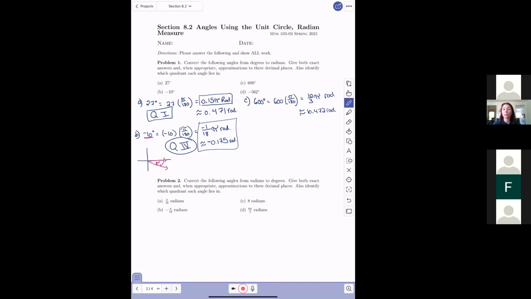Now we have to figure out which quadrant this is in. So we could do this one of two ways. We could either deal with the radians or the degrees. Since it's over 360 degrees and it's over 2 pi, we have to get it in the range of 0 to 360 for the degrees or 0 to 2 pi for the radians.